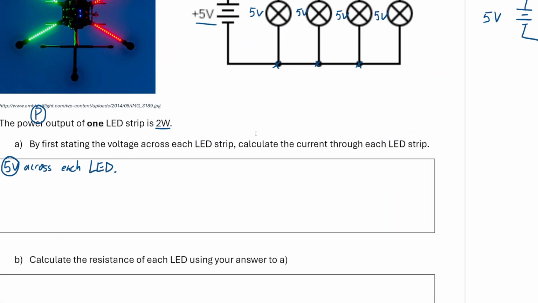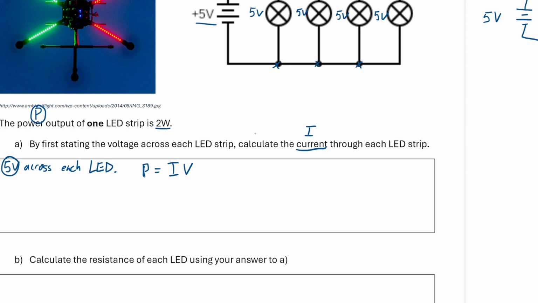So let's just write that down. P equals IV, where P is the power output of a circuit component, and it is equal to the current, confusingly I is for current, times the voltage. And what are we looking for? We are trying to find the current.